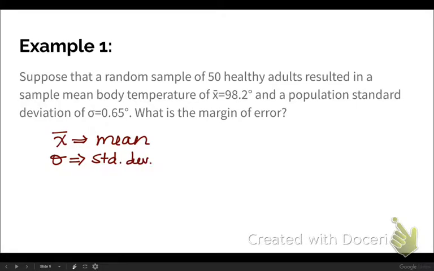So what is the margin of error? So 2 is our constant. We multiply that by our standard deviation of 0.65. We divide by the square root of our sample size, which is 50 adults. We calculate that number and we would get a margin of error of 0.1838.